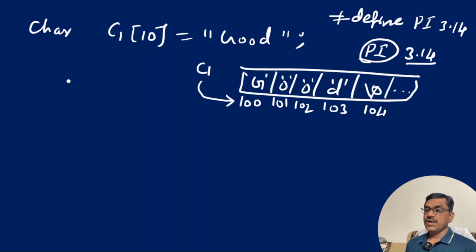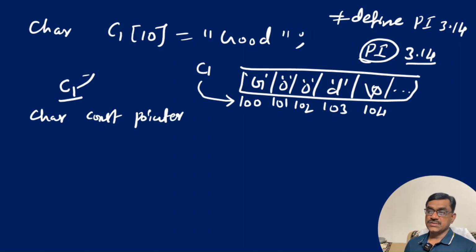Similarly, whenever we use the character array name C1, it's like this PI. C1 is a character constant pointer. Character pointer is different, character constant pointer is different. Or simply we say it is a constant pointer, whereas a character pointer is an ordinary pointer.